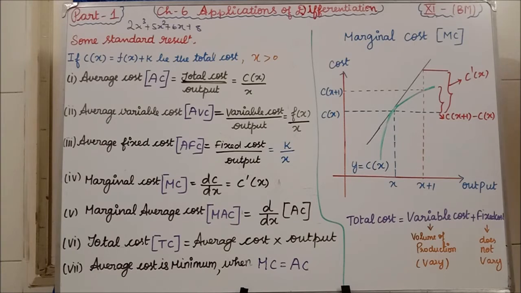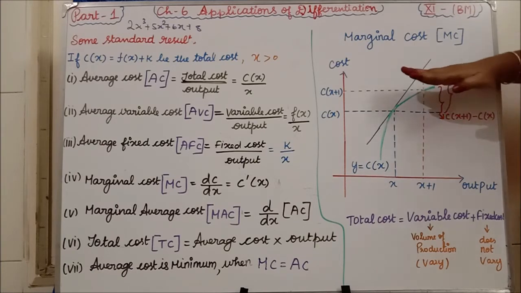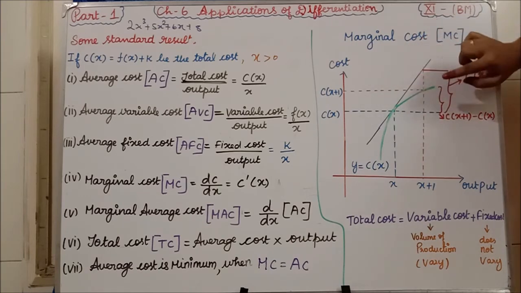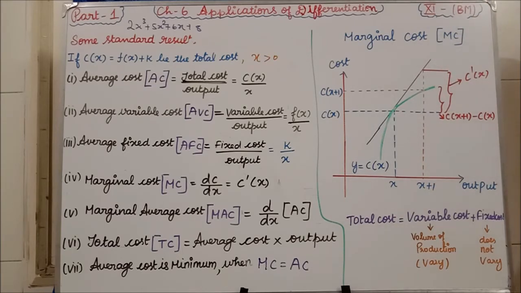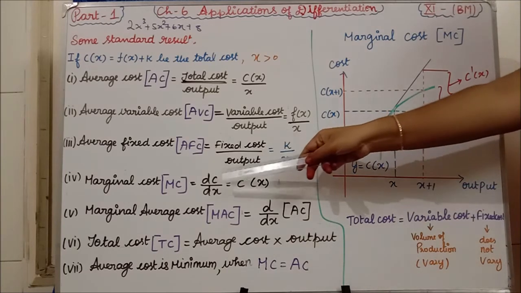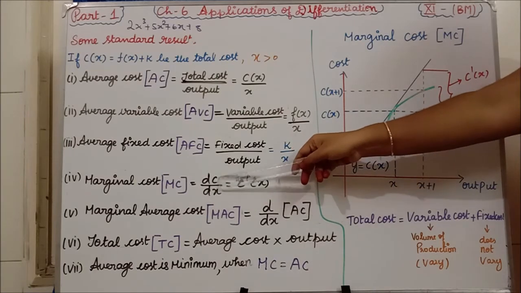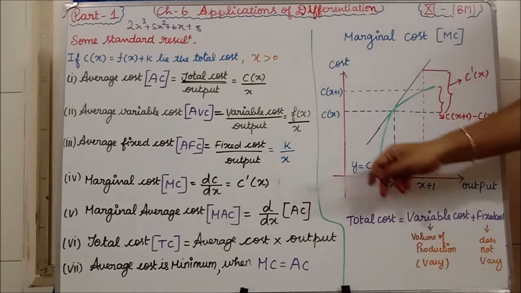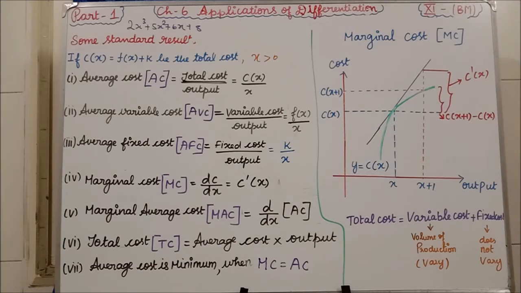Since we have to get only up to C of x plus 1, but this line is going beyond that, that is C dash of x, the marginal cost. So marginal cost means C dash of x, which is nothing but differentiating the cost, d by dx of the cost with respect to x. That only we say as C dash of x.